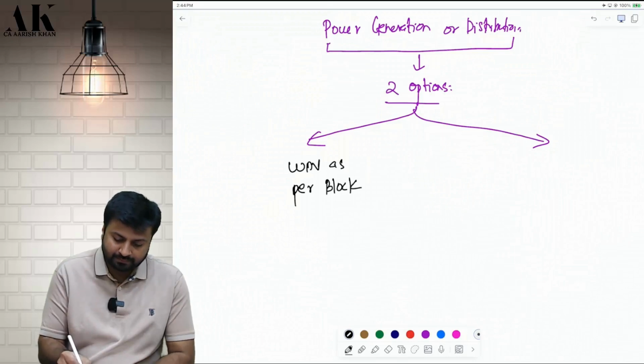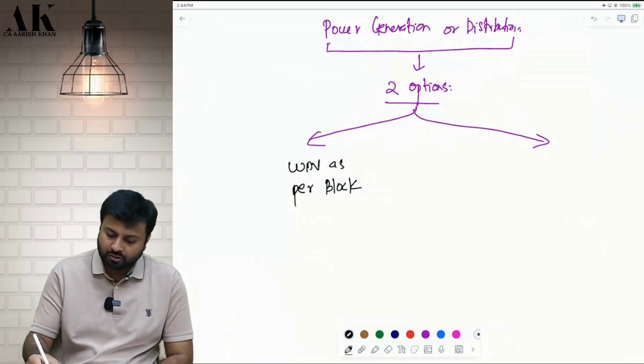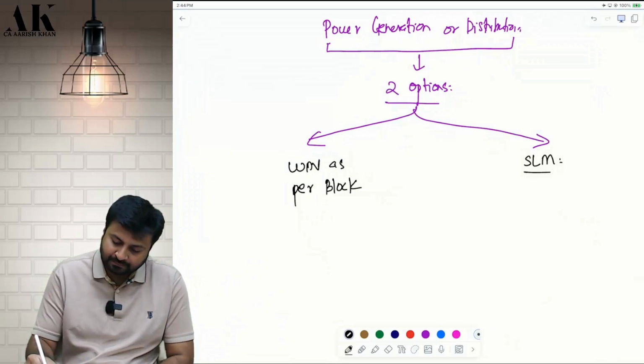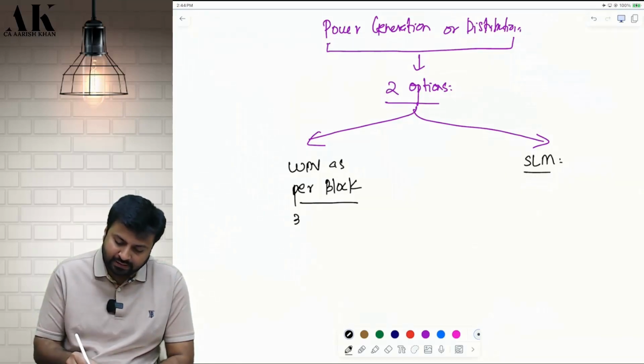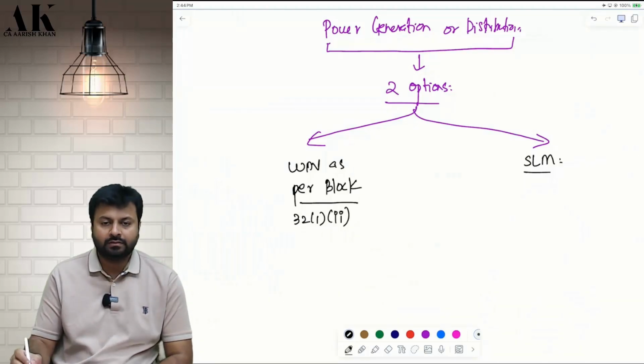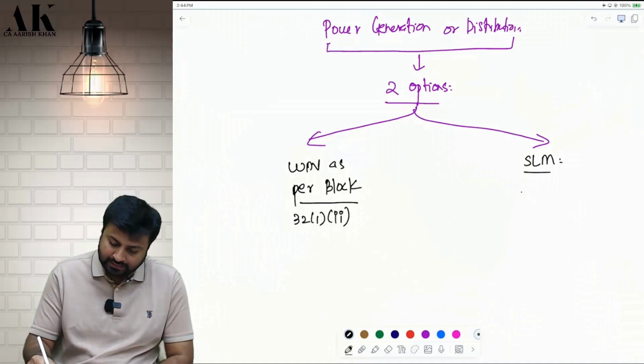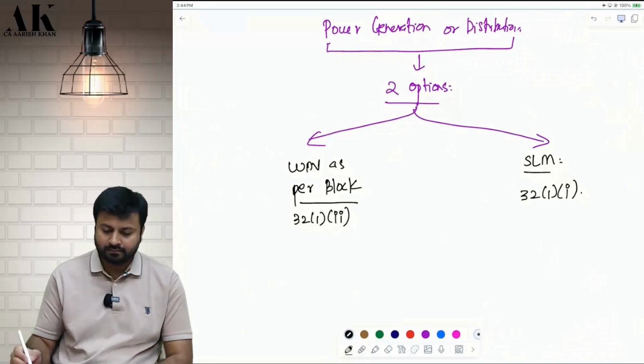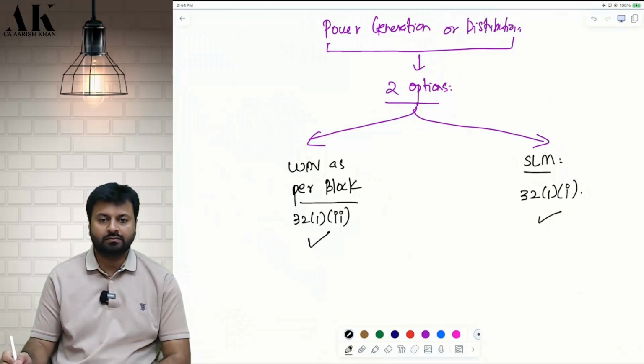And option 2 is follow SLM. Now this depreciation is given under section 32(1)(ii). And the other is given under section 32(1)(i). This we have already done. This we are going to start now.